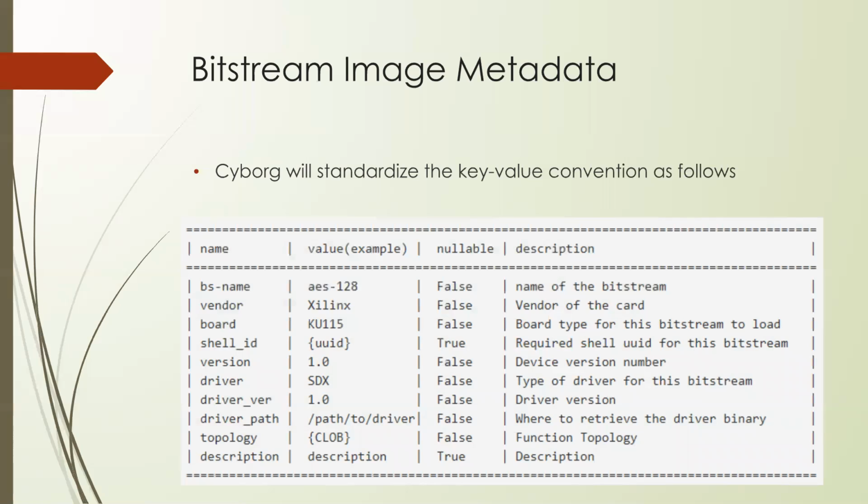The shell ID matters if, for instance, you have 2 cases. One is you're loading a shell. Second is you're loading a PR bit stream. If you're loading a PR bit stream, you need to know the required shell that's the prerequisite for it. You have to know the target shell. Whereas if you're just loading the shell, then you don't need this. This could be null.